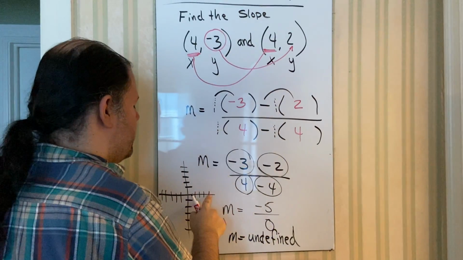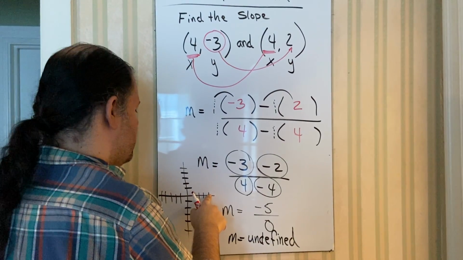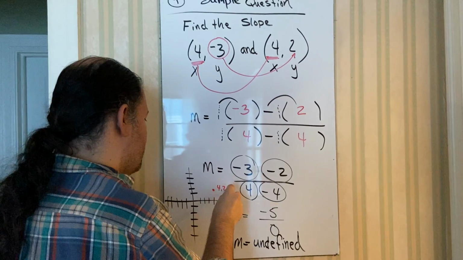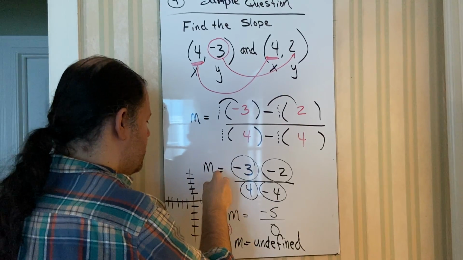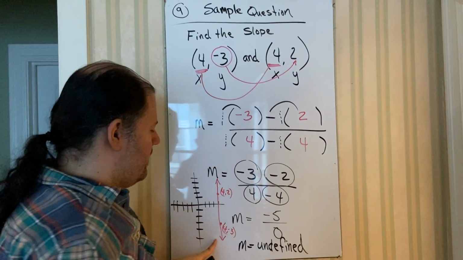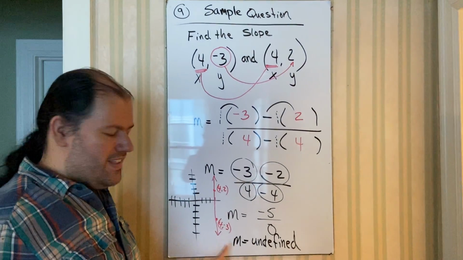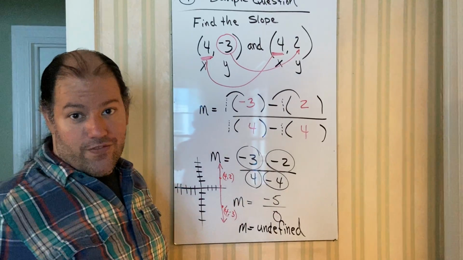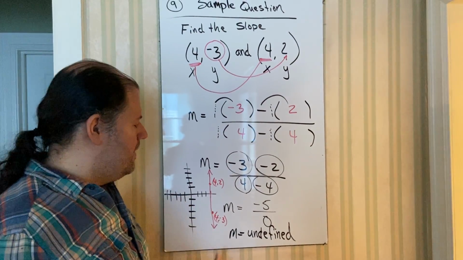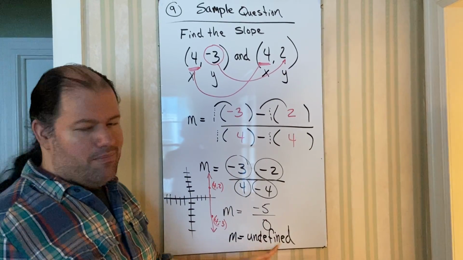Find x as +4, but the 2 tells you go up 2 units. And if you connect these 2 points, doesn't that look like the picture of undefined, that fourth type of slope? So you can see it here if you're visual, but you really want to calculate it by doing this.